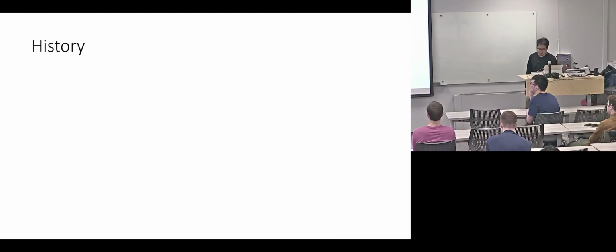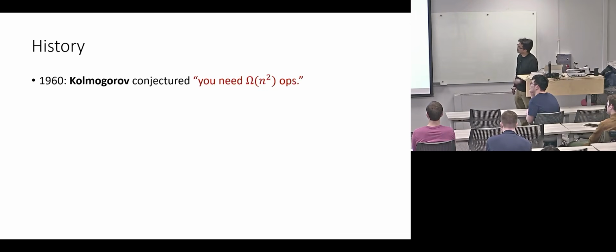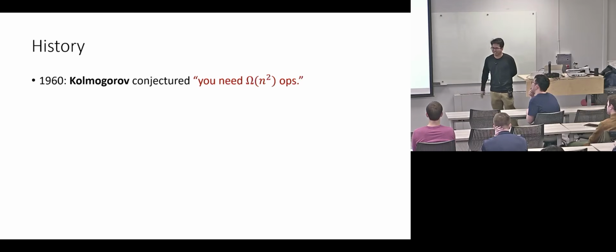Something like 60 years ago, there was an influential mathematician from Russia called Kolmogorov. He's the one who invented Kolmogorov complexity and many other interesting concepts. He worked on this, and he wanted to conjecture that no one can improve this: you need n squared operations up to a constant factor.